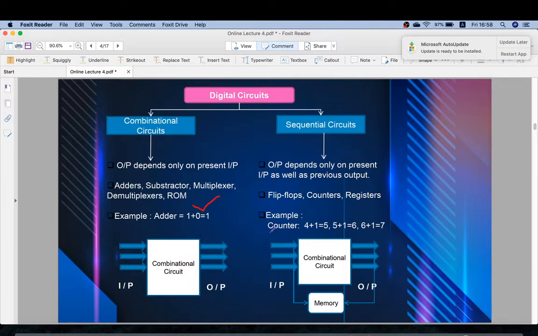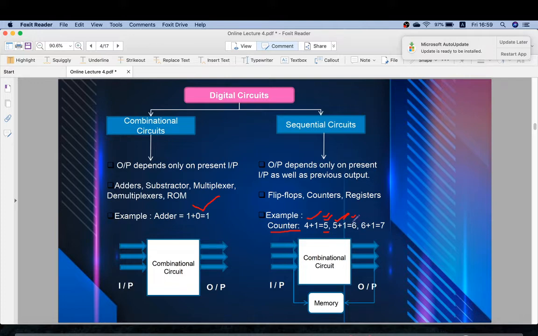What about a sequential circuit example? A counter is an example of a sequential circuit. For example, how the counter works: 4 plus 1 is equal to 5, so that is the input. Now the second time, 5 plus 1: 5 is the output of the previous procedure, and it will add one input, so the output will be the combination of input plus the output of the previous procedure.